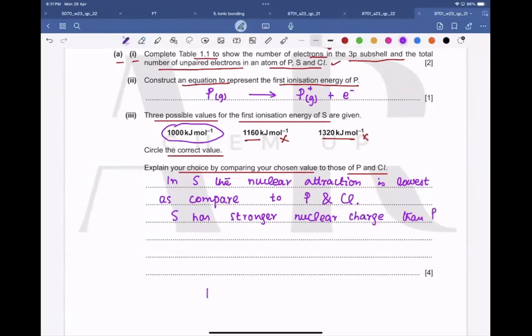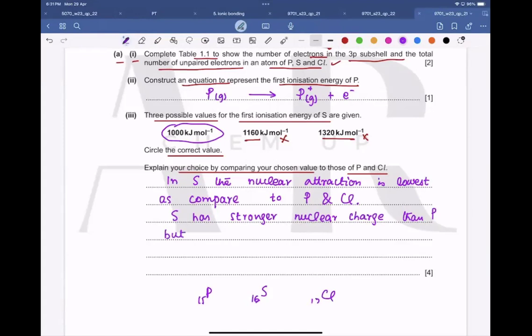It is because phosphorus has 15 protons, sulfur has 16 protons, and chlorine has 17 protons. So sulfur has a stronger nuclear charge than phosphorus.